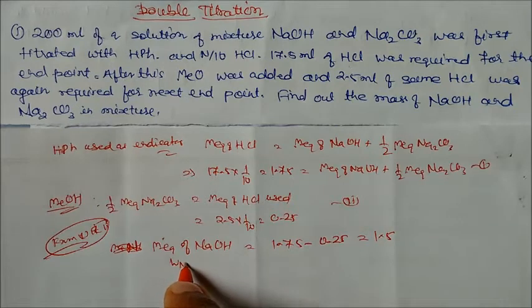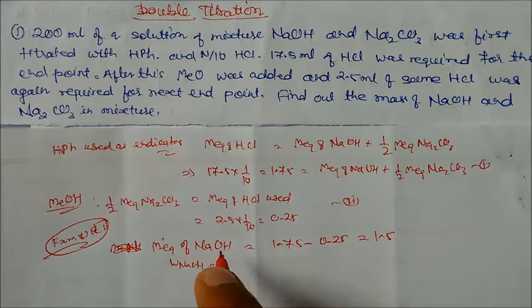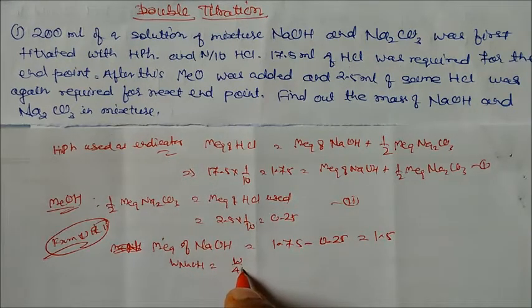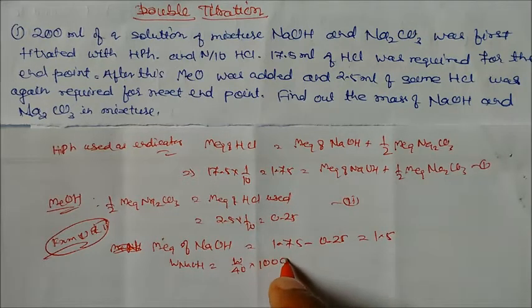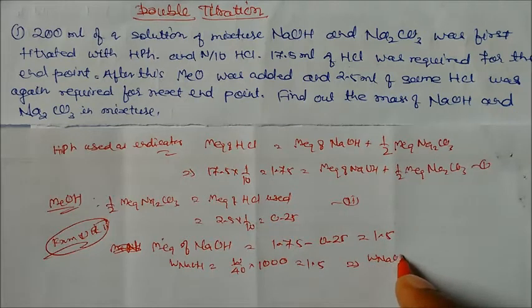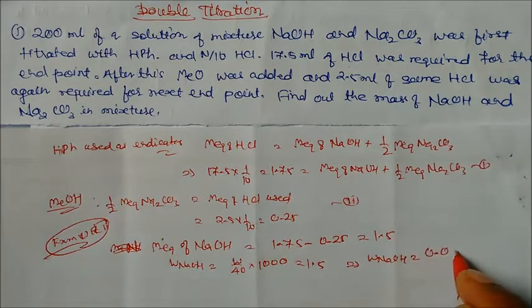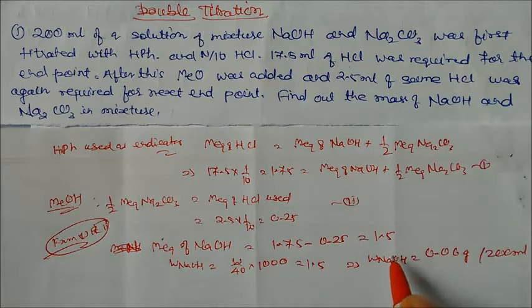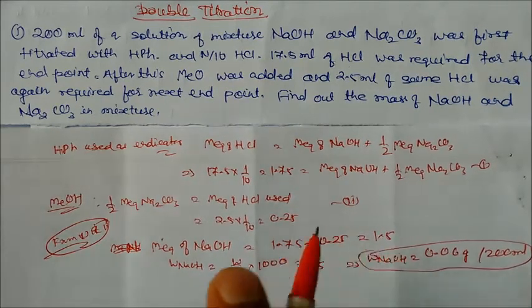So we can write the weight of sodium hydroxide is W by 40 multiplied by 1000 equal to 1.5, or we can say the weight of sodium hydroxide is 0.06 gram per 200 ml. So this is basically our formula for the weight of the sodium hydroxide.